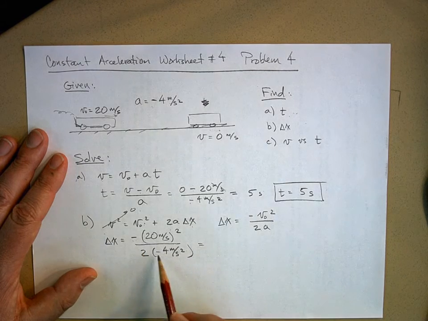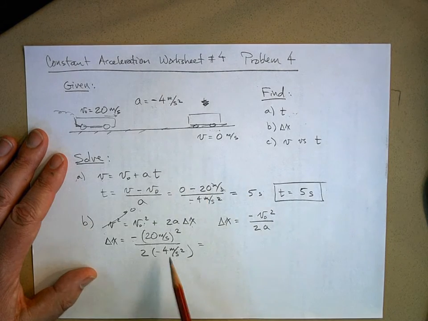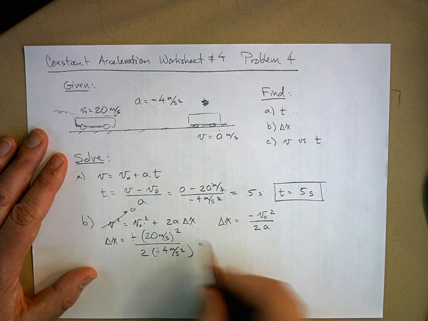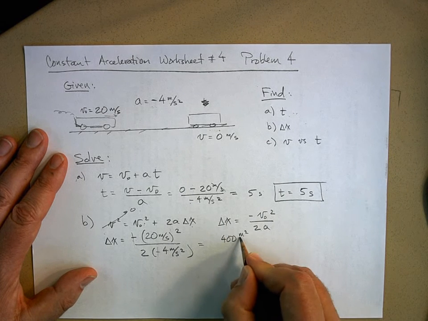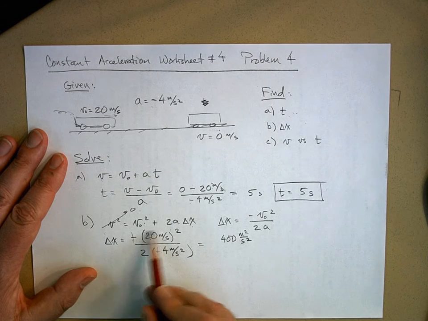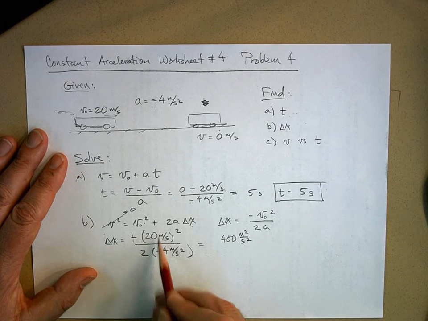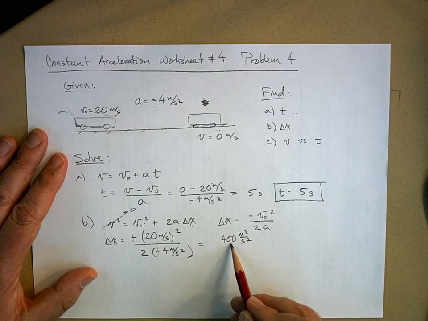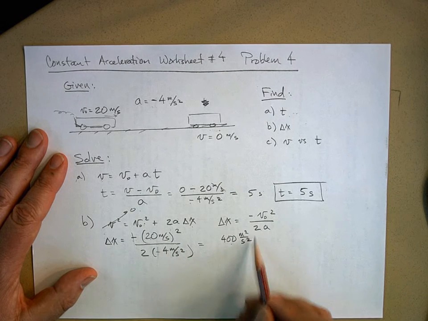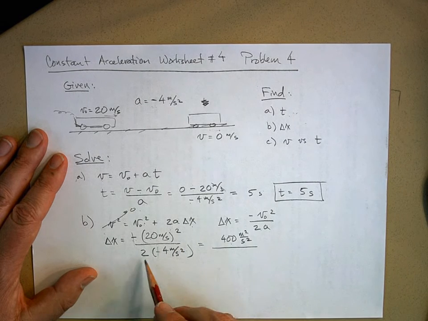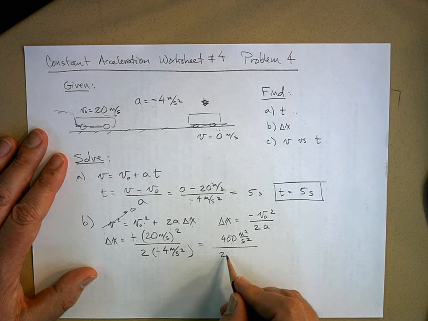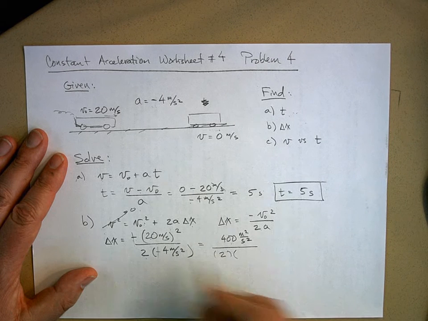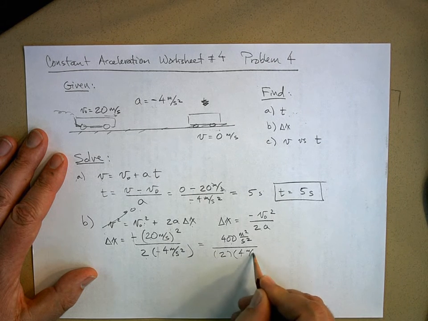I got a negative here from what's given. They cancel each other out. 20 times 20 is 400 meters squared per second squared. Notice that I'm not just squaring the number 20. 20 times 20 is 400, but I'm squaring the units. Everything gets squared. Divided by 2 times 4 meters per second squared.